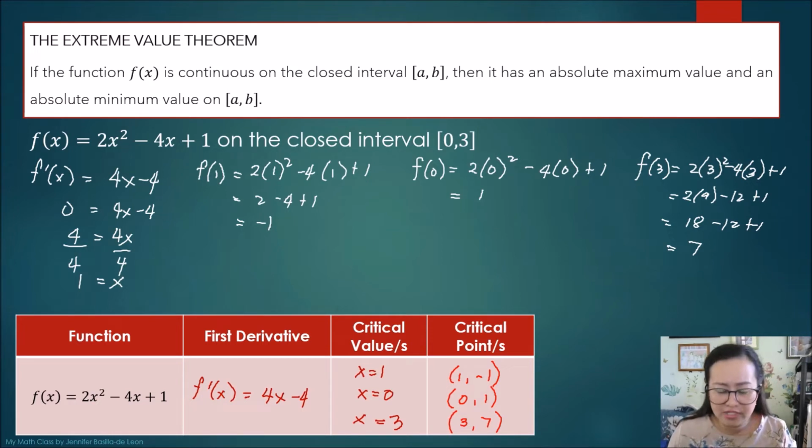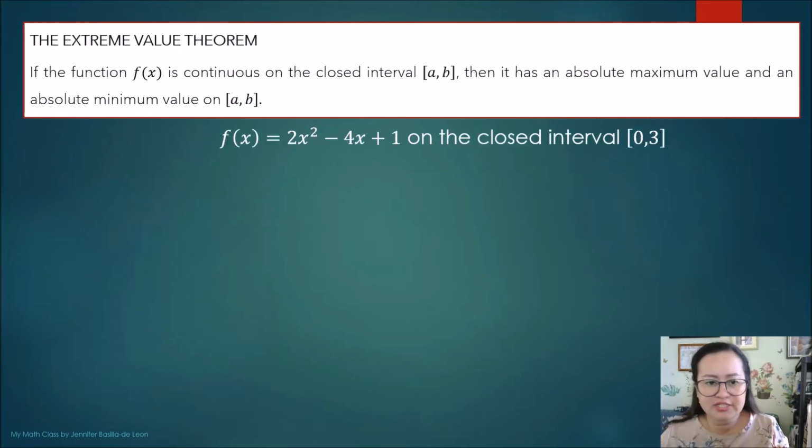And then we are ready to determine whether it's a relative minimum, maximum, or an absolute maximum or minimum value. Now let's have the table.